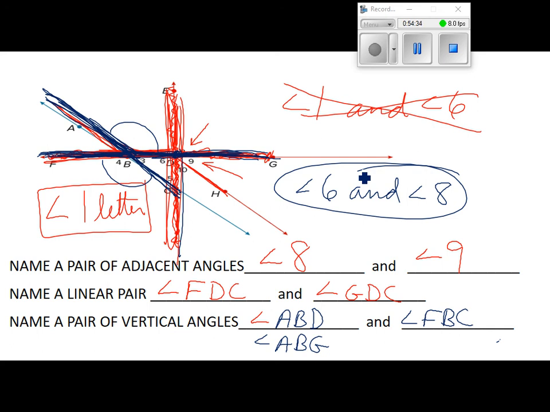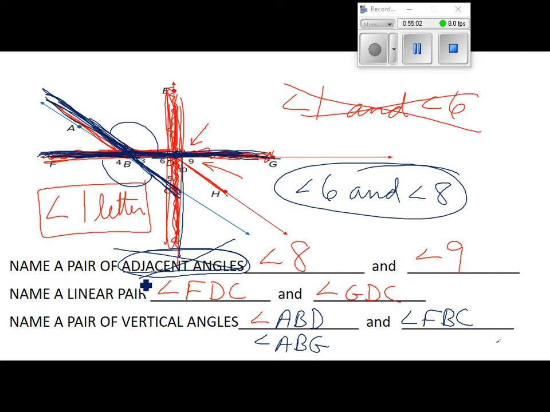Do they have to make a line? Do we know anything about them when they're adjacent? No, only that they're neighbors. Does this really help us a whole lot then? Adjacent angles, I almost wish that they'd never even introduce adjacent angles, because it tells us nothing numerically. Doesn't tell us that they add up to anything, doesn't tell us that they're congruent to each other, nothing else.